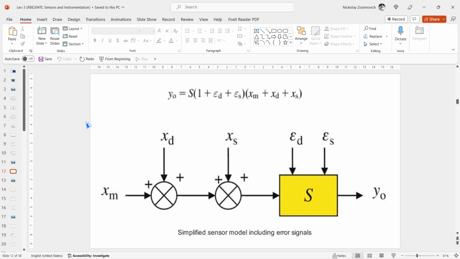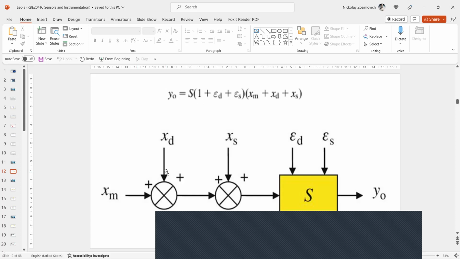And this slide shows a simplified model of a sensor system with an indication of several error sources. And you can see here the symbols XD, XF, epsilon D, and epsilon S. So in this figure, on the left, XM is the measurement signal, and on the opposite side, on the right, Y naught is the output signal.